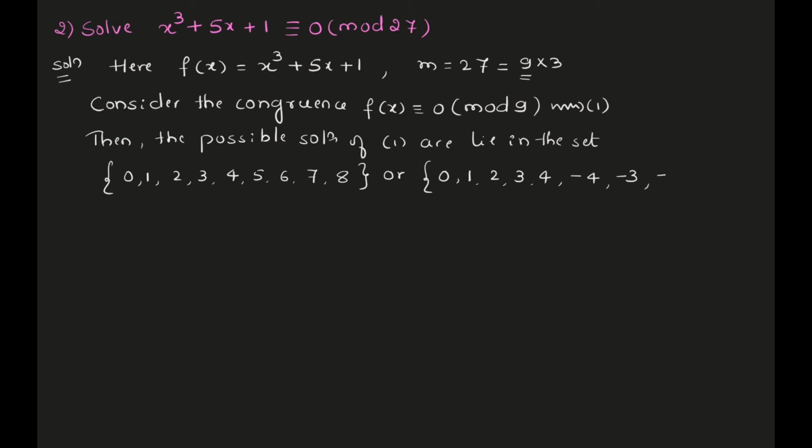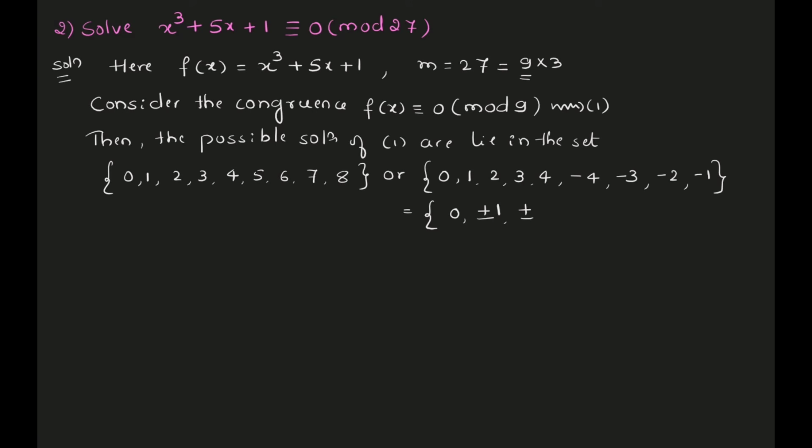So in place of 5 you can write minus 4, in place of 6 you can write minus 3, in place of 7 minus 2, and for 8 it is minus 1. So the set becomes 0, plus or minus 1, plus or minus 2, plus or minus 3, and plus or minus 4.